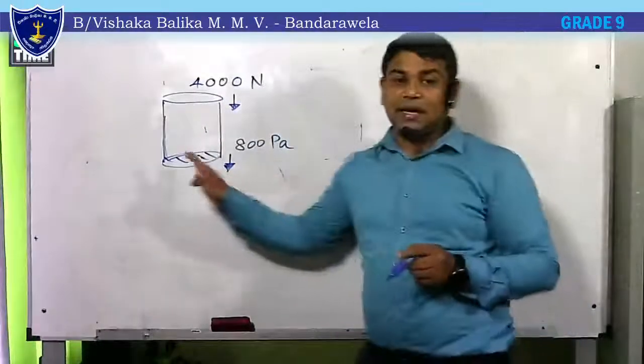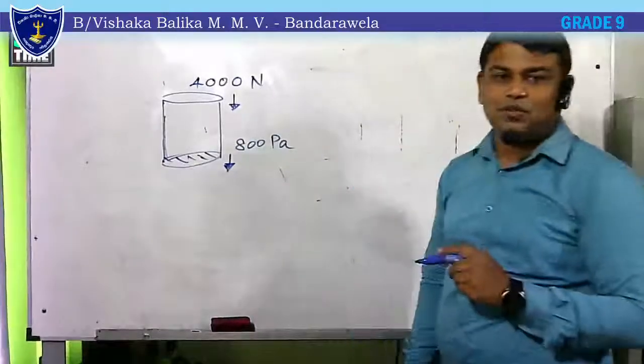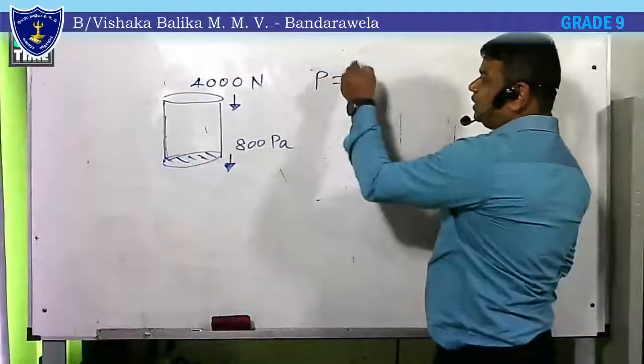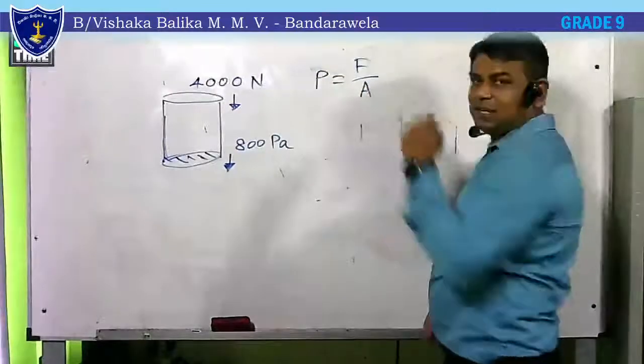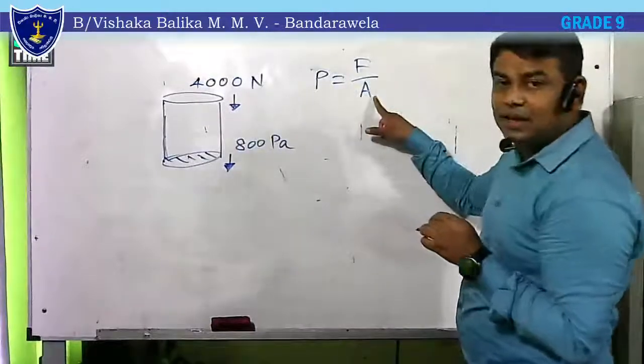What is the area? What is the cross-sectional area this time? To find the cross-sectional area, you can write the same equation. Pressure equals force divided by area. But this time it is asked the area.